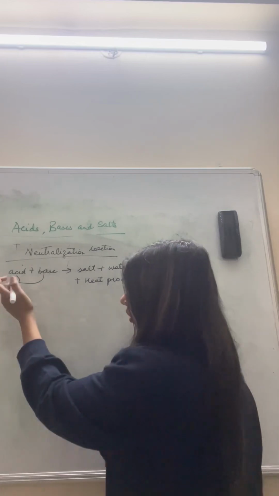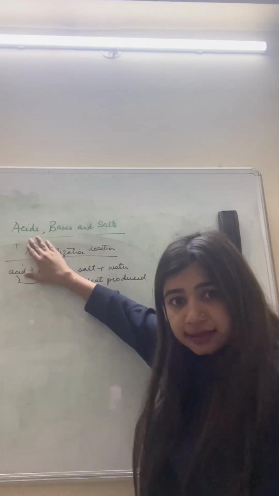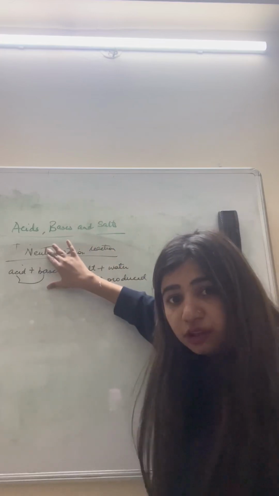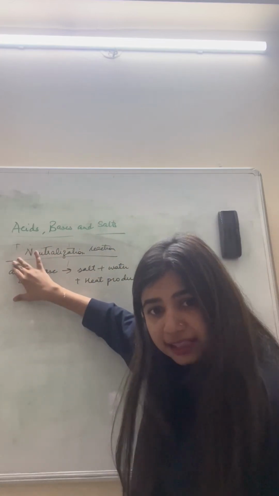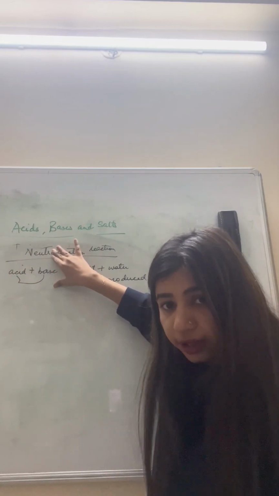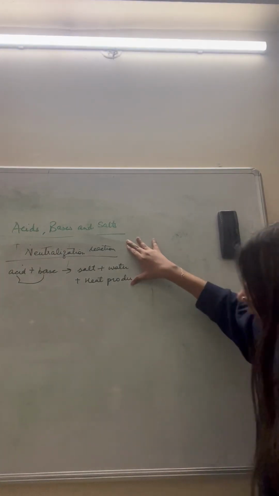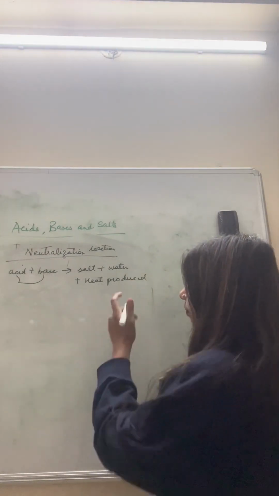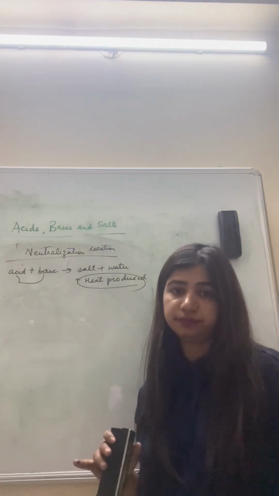So in this neutralization reaction, the acidic nature of the acid is destroyed and the basic nature of the base is destroyed. And heat is produced. This heat produced raises the temperature of the reaction mixture.